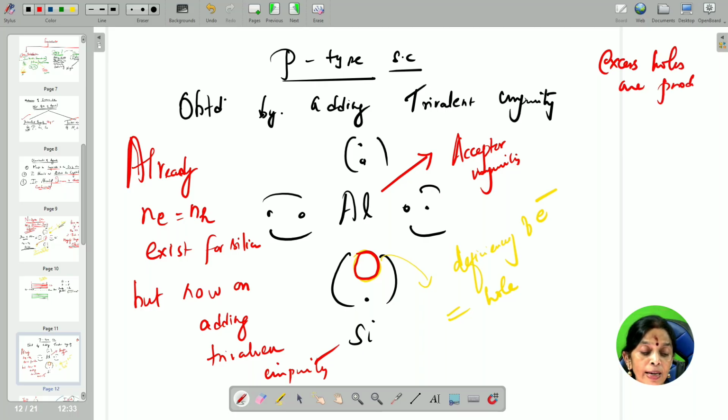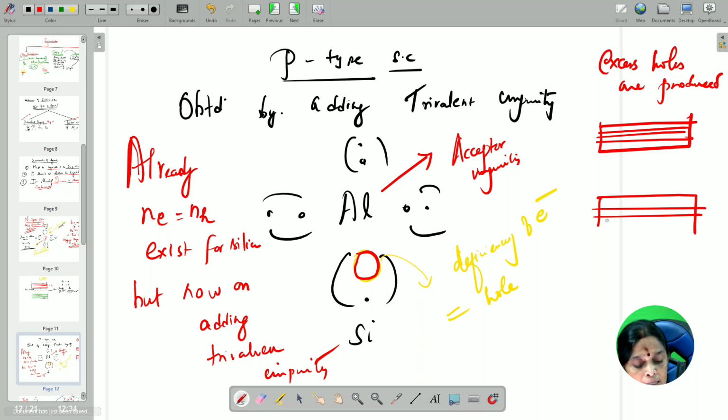So, excess holes is nothing but a deficiency of the electron. It needs some energy to accept the electron. So, where the electron is from the valency band, hence the acceptor level has to be drawn just above the valency band. Holes are produced. So, you have to draw the energy level just above the valency band. So, this is called the acceptor energy level.